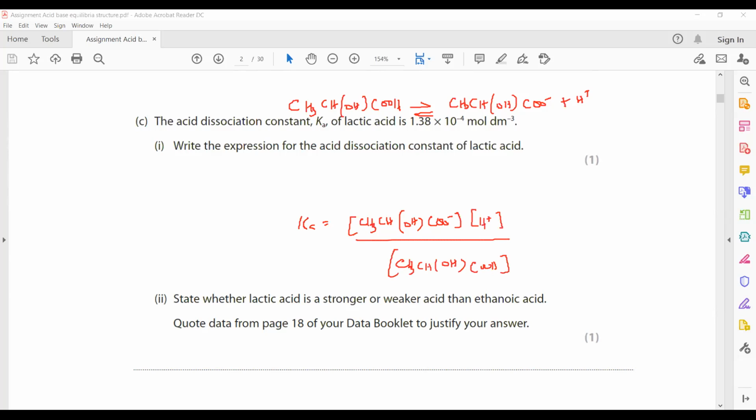The next part they ask: state whether lactic acid is stronger or weaker than ethanoic acid, and quote the data from page 18 of the data booklet to justify your answer.